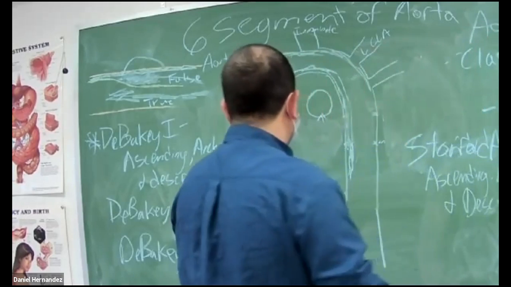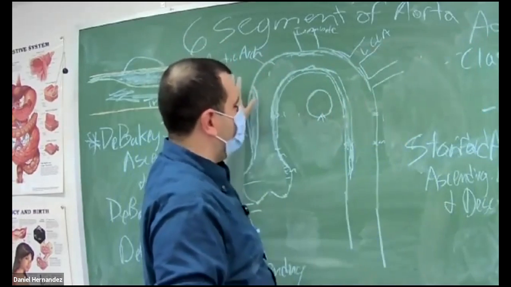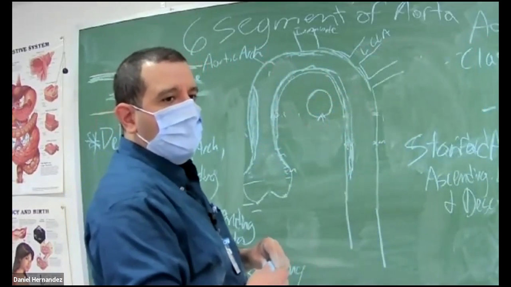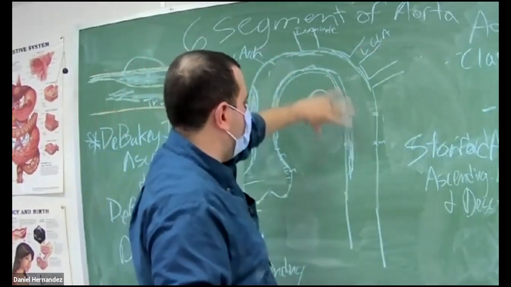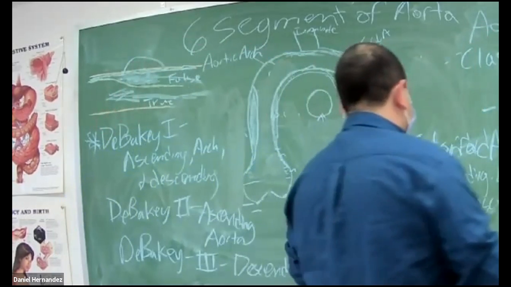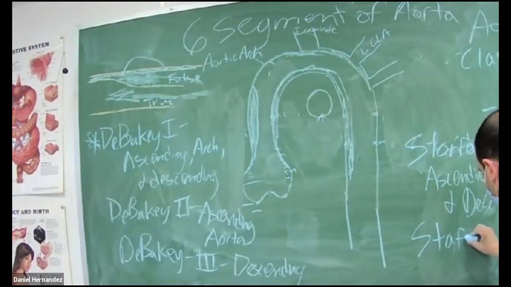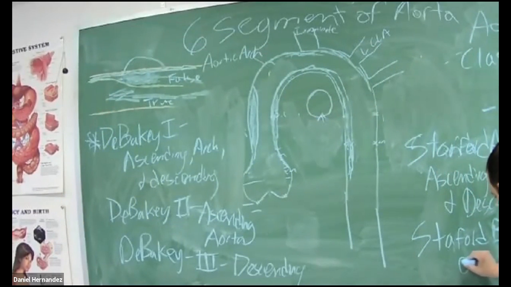Stanford A could be just ascending, could be ascending and arch, and ascending, arch, and descending. Stanford B is just descending. Stanford B, only descending.